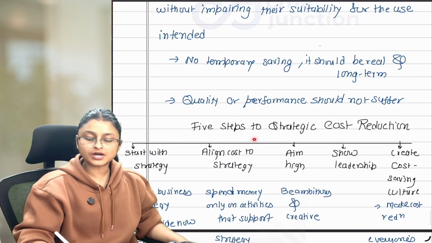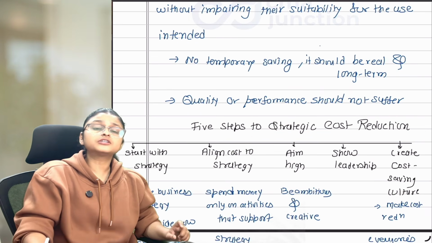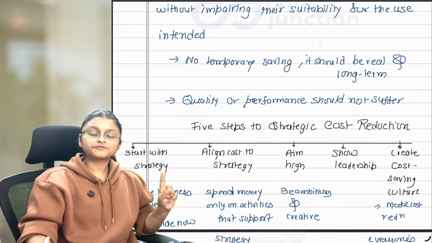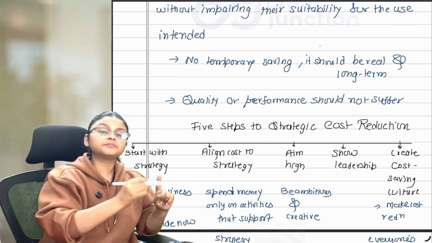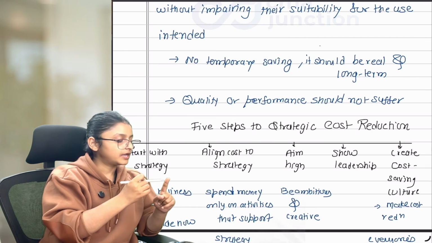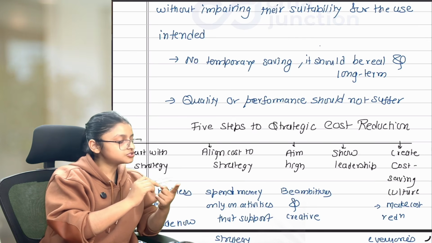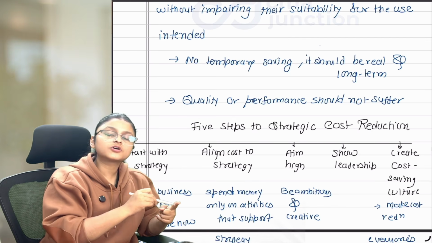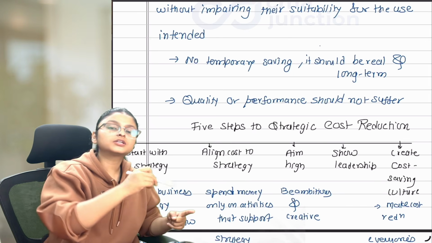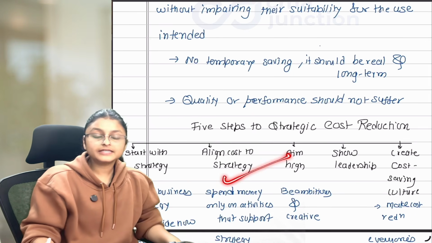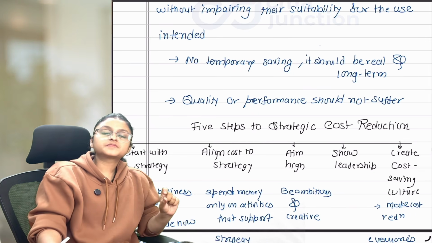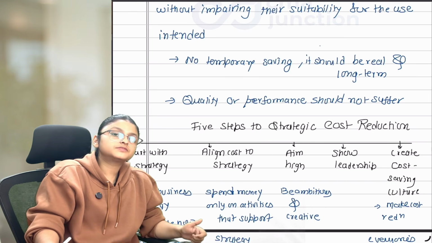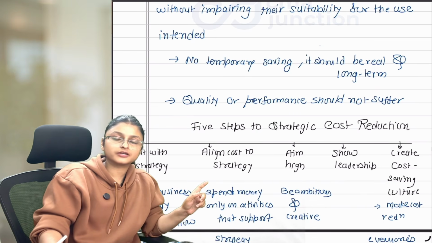5 steps to strategic cost reduction. If you want to strategically reduce your cost, then first start with strategy. Make your business strategy, and keeping that strategy in mind, make your cost reduction plan so that you can achieve your strategy. Align cost to strategy. That means spend money only on those activities which support your strategy.